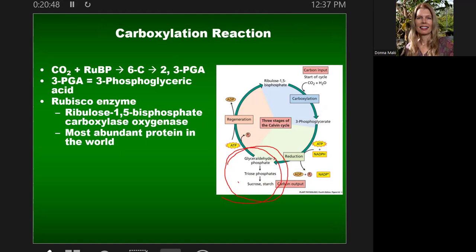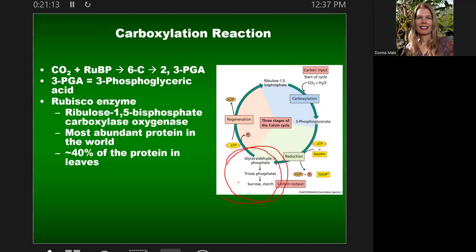Okay, so that enzyme Rubisco is, they hypothesize and are pretty certain about it, the most abundant protein in the world. When you think about all the organisms that do photosynthesis, not just plants, there's a bunch of cyanobacteria that use Rubisco as well. It's phenomenal.